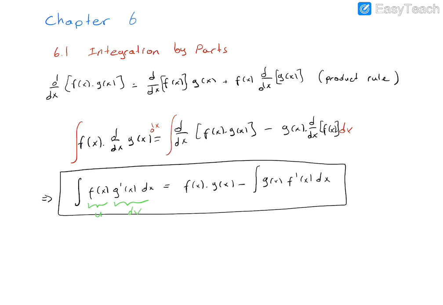So in this formula, the integral of u times dv equals, now f of x is u, and g prime of x dx equals dv.